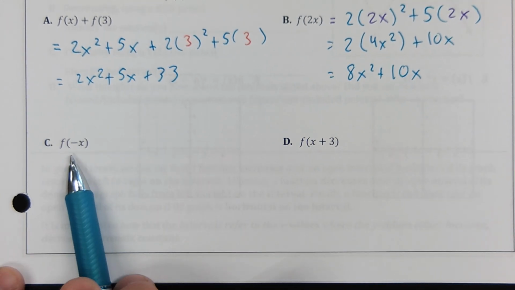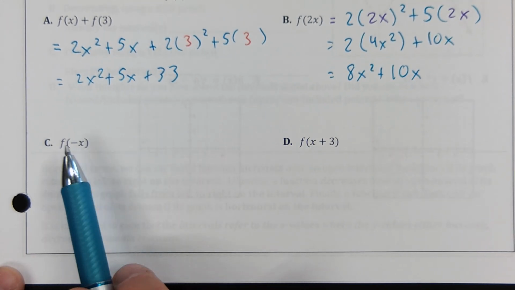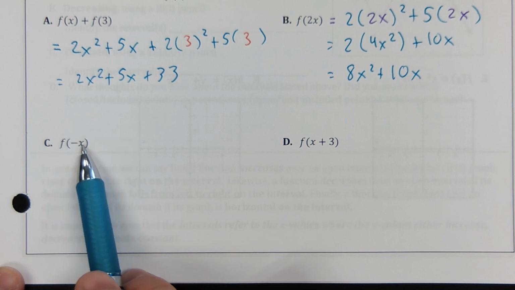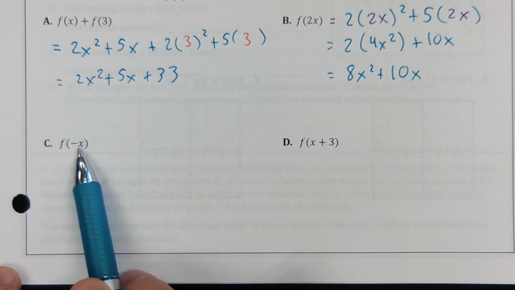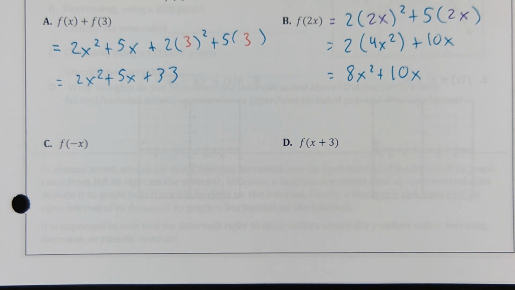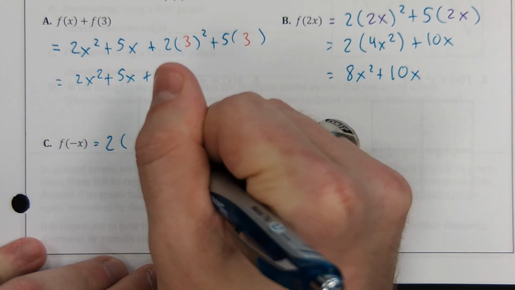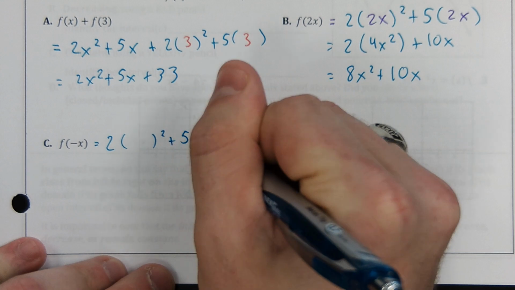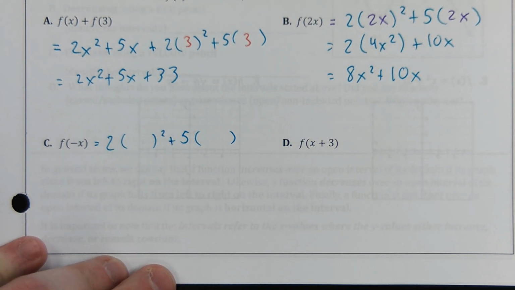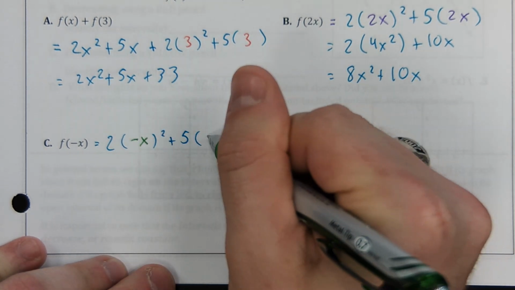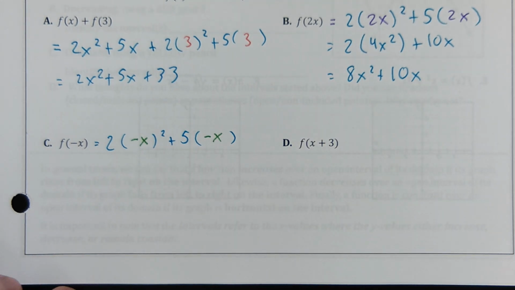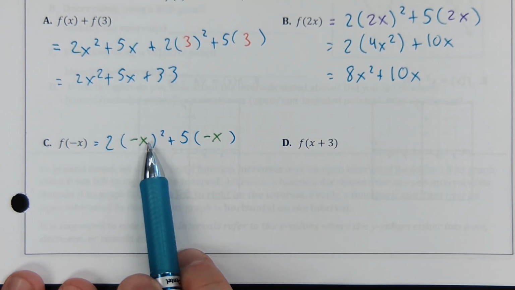Do it again. Hey, look, remember what I was talking about with the negatives? Boom, there it is. So, everywhere we had an x, drop a set of parentheses, fill it with negative x. Simplify. See if you can get there before I do. Order of operations says square first.